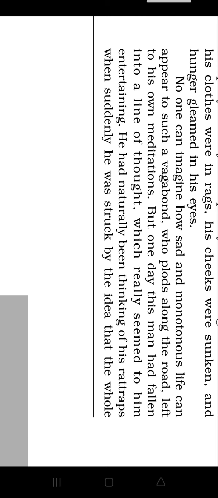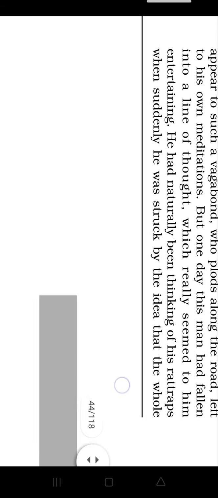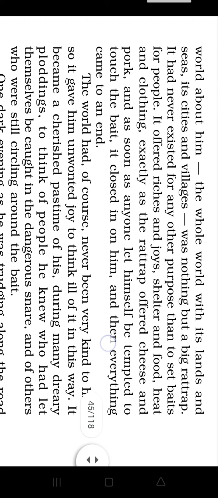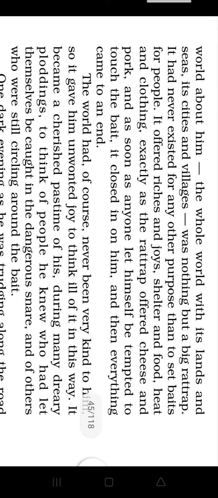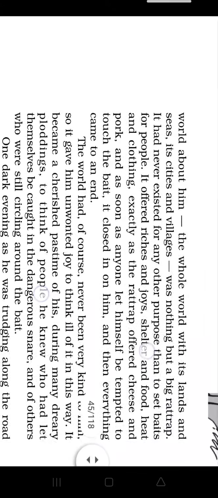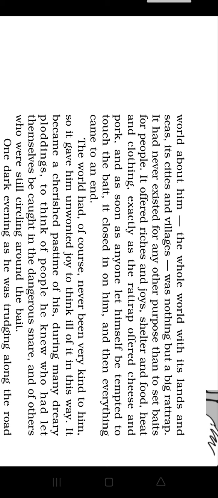But one day this man had fallen into a line of thought which really seemed to him entertaining. He had naturally been thinking of his rat traps when suddenly he was struck by the idea that the whole world about him, the whole world with its lands and seas, its cities and villages, was nothing but a big rat trap.